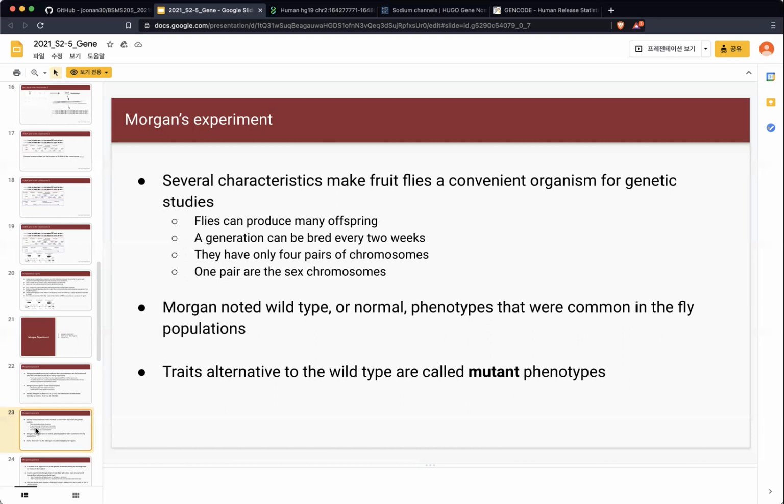Just TMI, but recently I'm working on a prairie vole, which is one of the cutest animals in the world, and it has monogamous behavior in a social system.